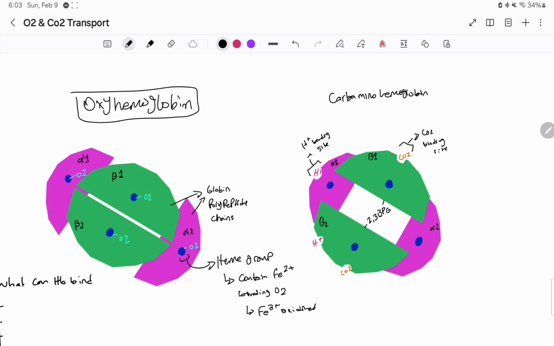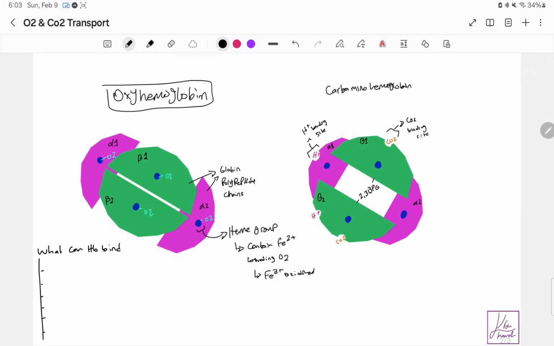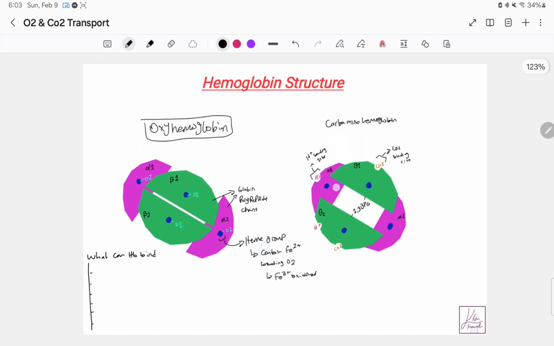So it makes sure that hemoglobin is in this lower affinity state for oxygen. And so if there's more of it available, then more of that reaction is going to occur. And the other thing I said was temperature. High temperature can affect, for example, the bond between the oxygen and the heme group molecule here, making it a bit weaker.